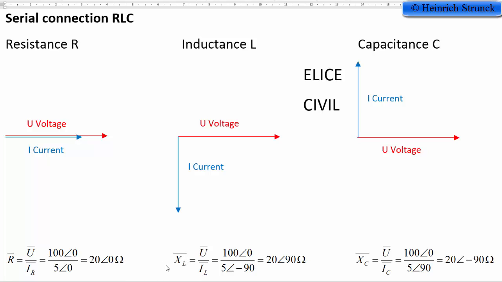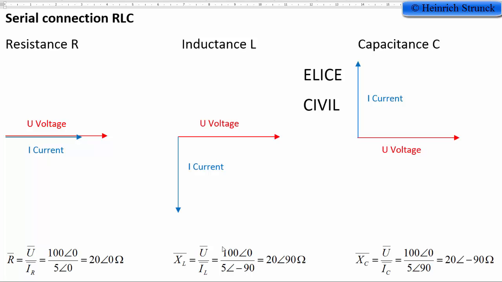If we have an inductor, we have the reactance XL, and the voltage is the same, 100 volts, 0 degrees, but the current is lagging 90 degrees, so the angle for the vector of current has a direction of negative 90 degrees.